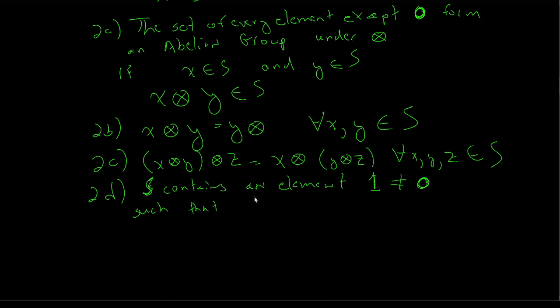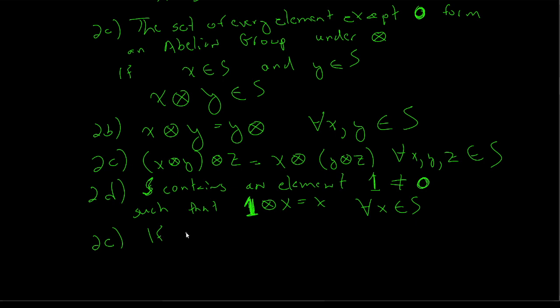And such that one element times x equals x. And we'll bold this so that it's not the number 1, it's the element within our set that has the property 1. And that's for every x that exists within our set.